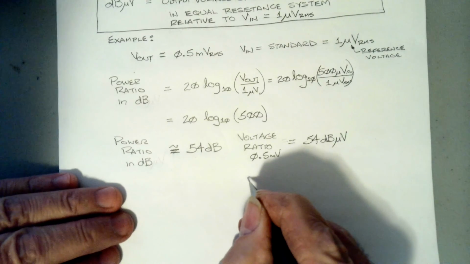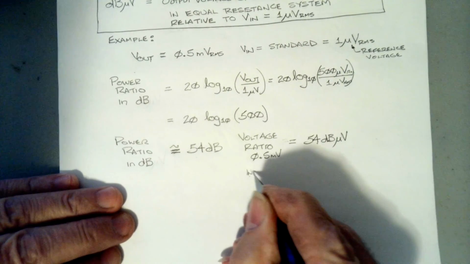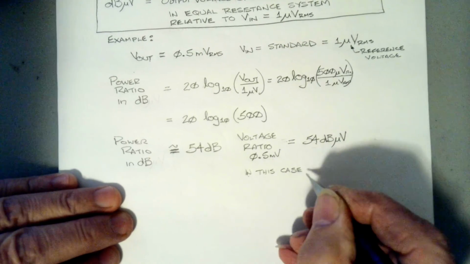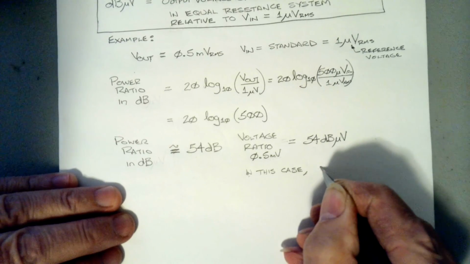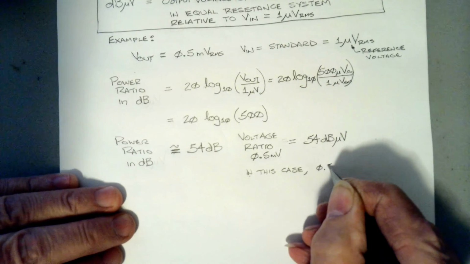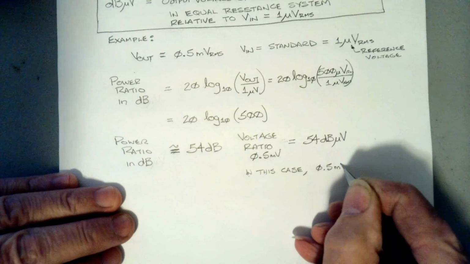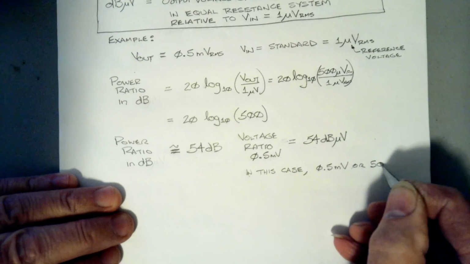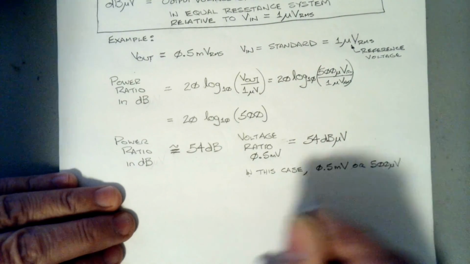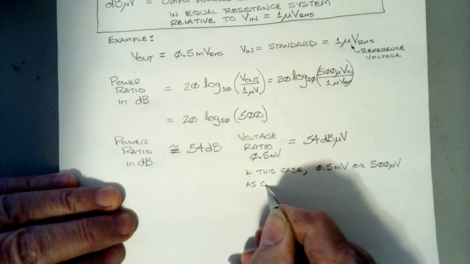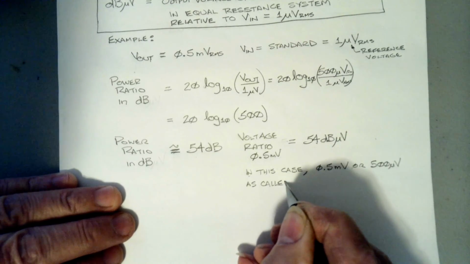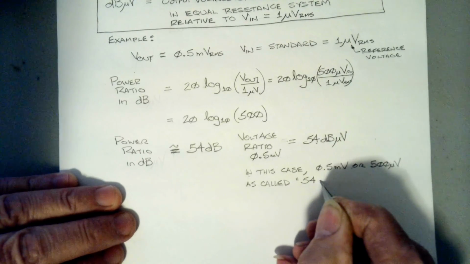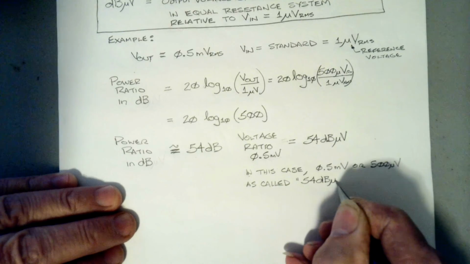So let's just say here, in this case, 0.5 millivolt or 500 microvolts is called 54 dB microvolt.